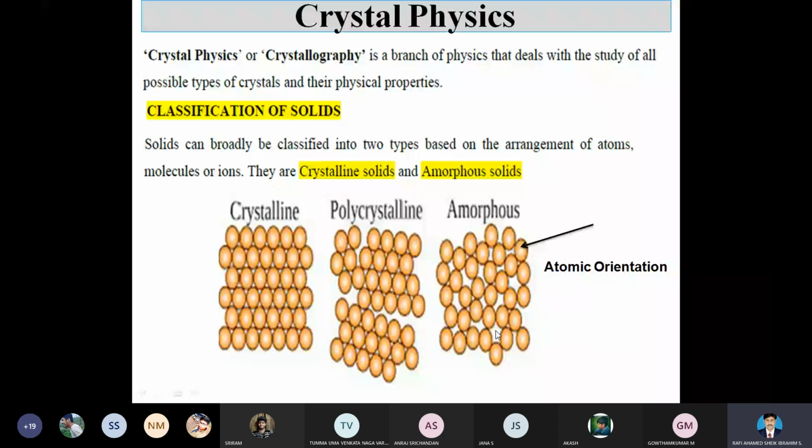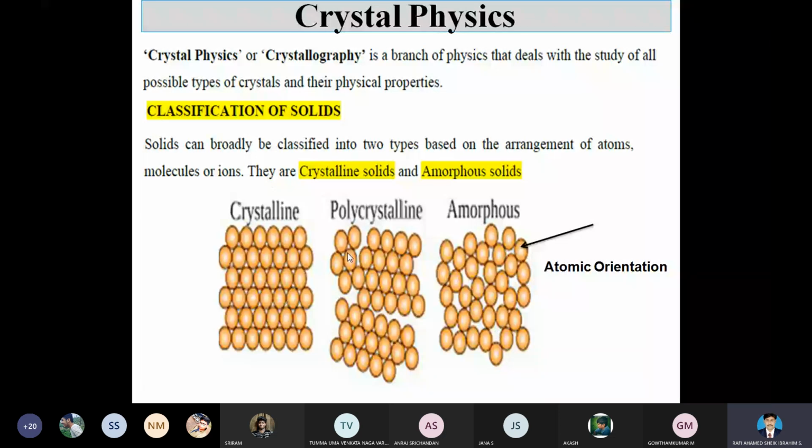So when the atoms are oriented in an irregular manner and a lot of vacant sites are there, such crystals, or such solids, are called amorphous solids. Polycrystalline means more numbers, not only a single one.